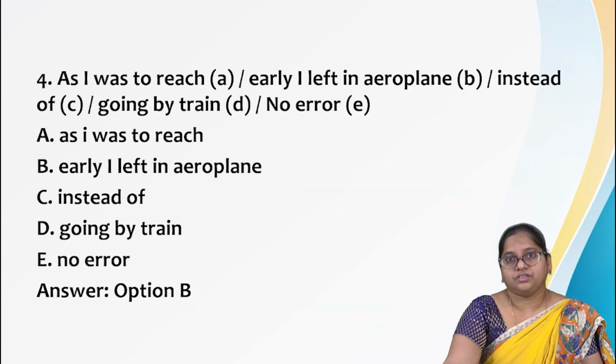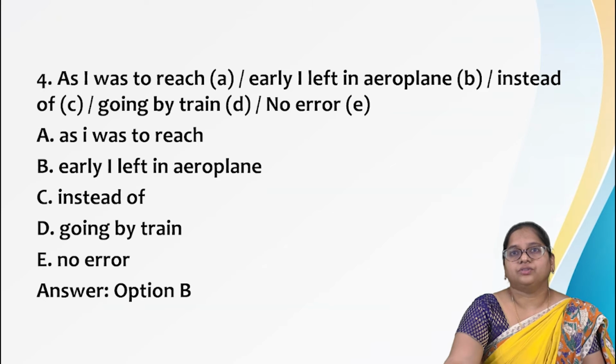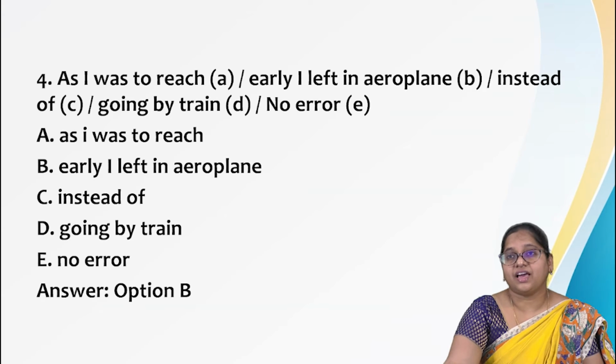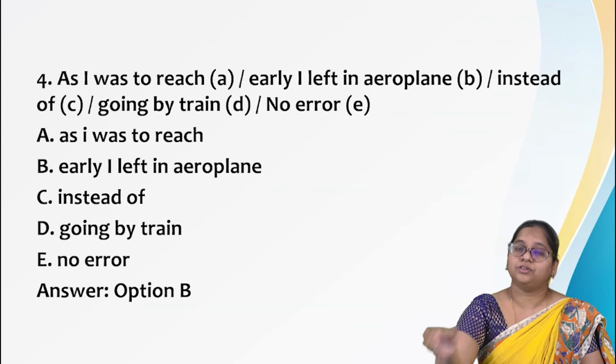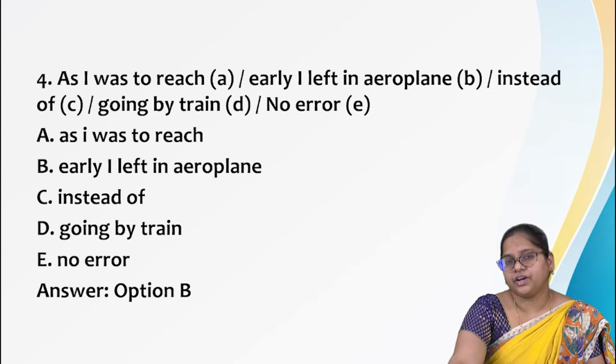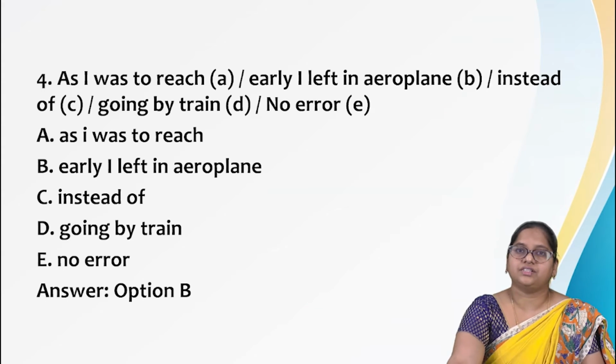So now what's wrong here? "As I was to reach early, I left in aeroplane." You are not here to discuss the complete sentence. You just have to select the wrong option that is there.